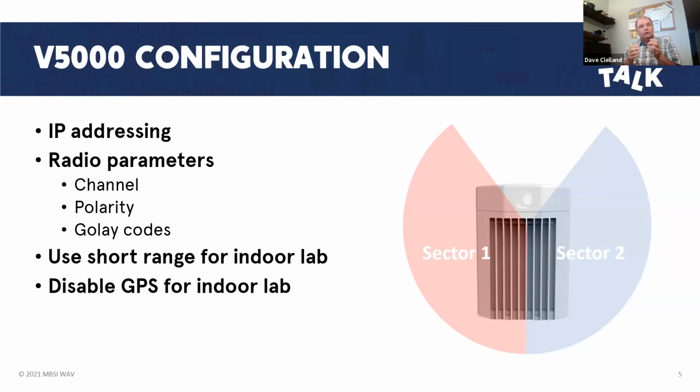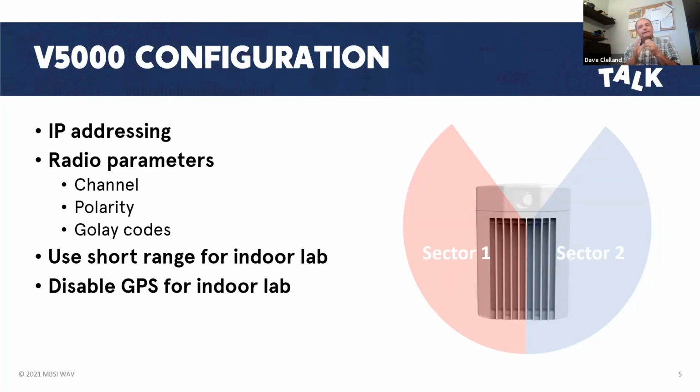If the Golay code was 2 coming from the transmit side, and I was expecting Golay code 1, then I'm going to throw that frame away. In fact, when we set up the link, if we have some time in this demo, I'll set the Golay codes wrong, and we'll see the link won't mesh up. When the Golay codes are set properly, of course, the link comes up right away.